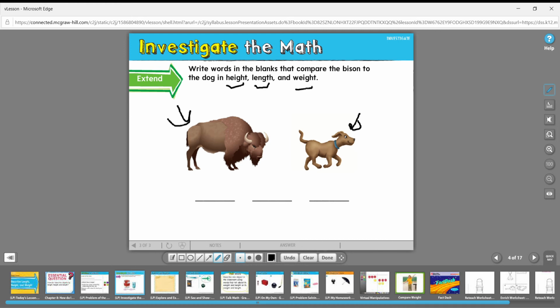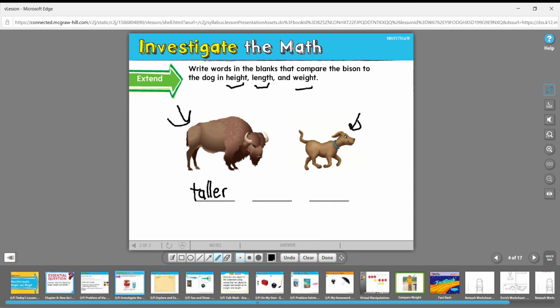So the first thing we're going to do is height. How would you describe the bison compared to the dog in height? Did you say taller? Because I would say that the bison is taller than the dog.